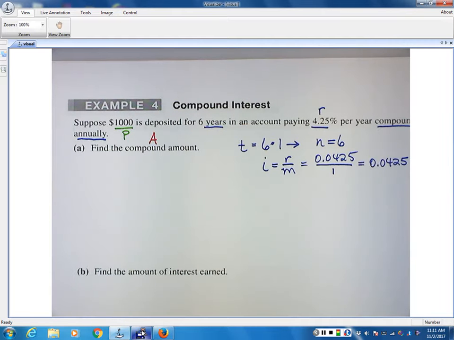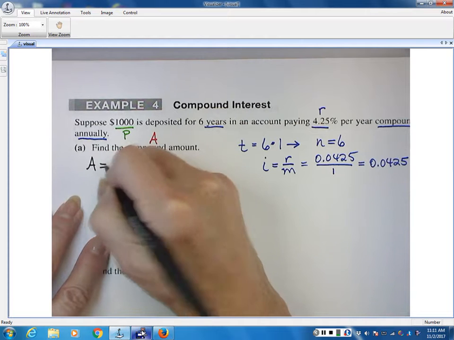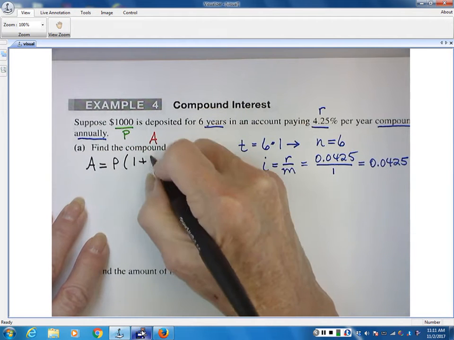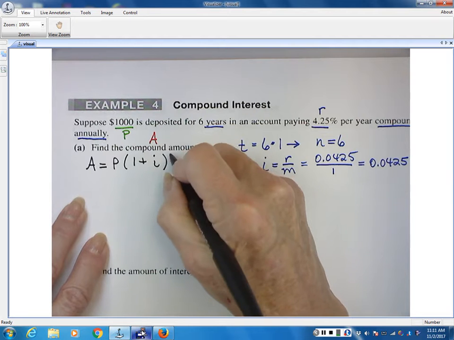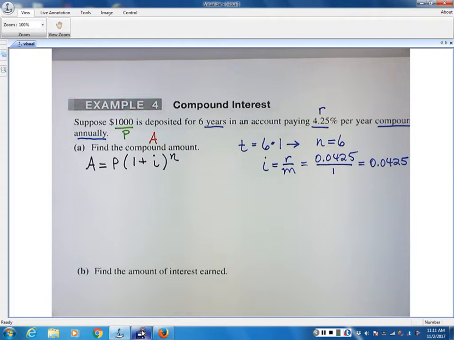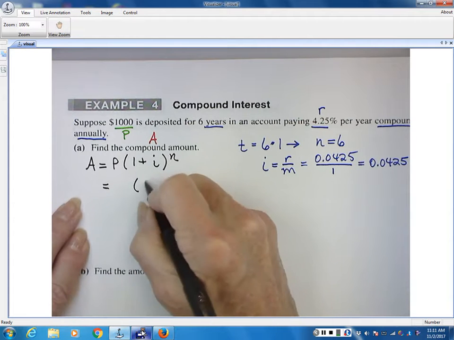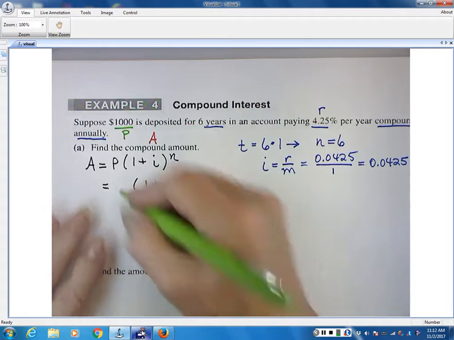So I'm going to make a note of what the formula is. And then we're going to fill in everything. So P is $1,000.